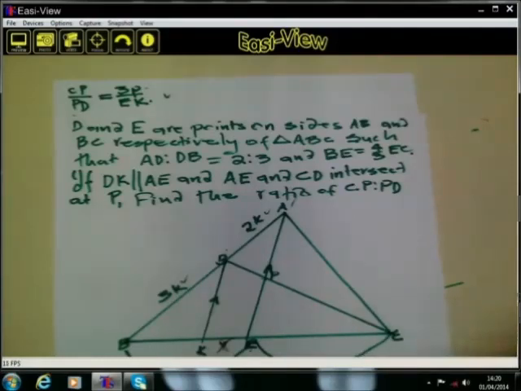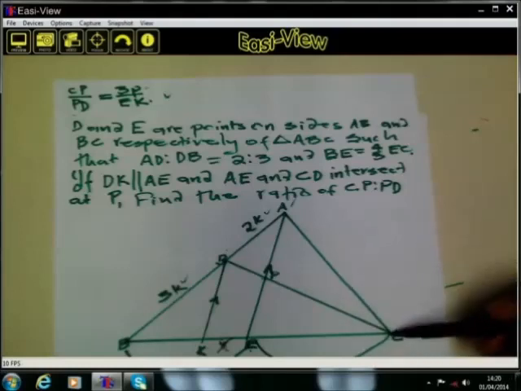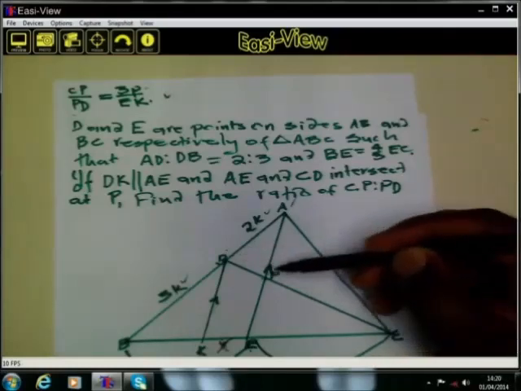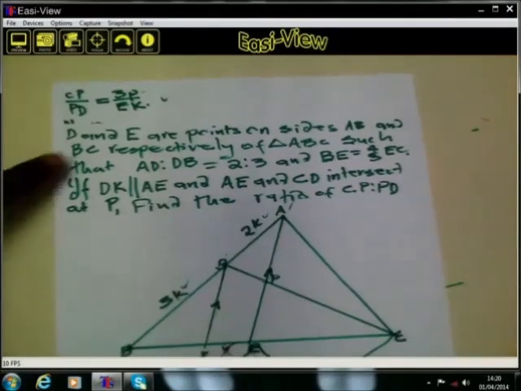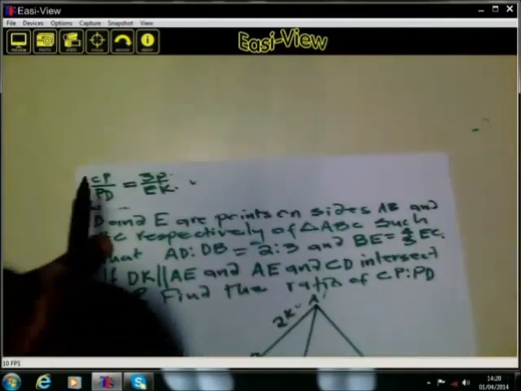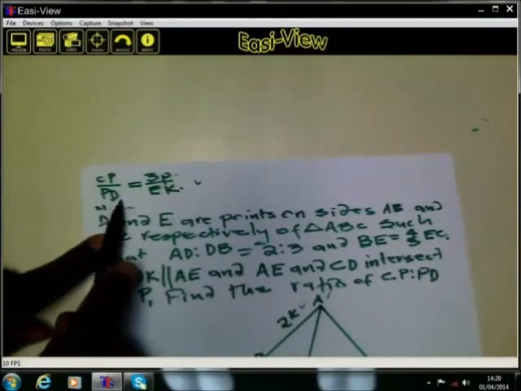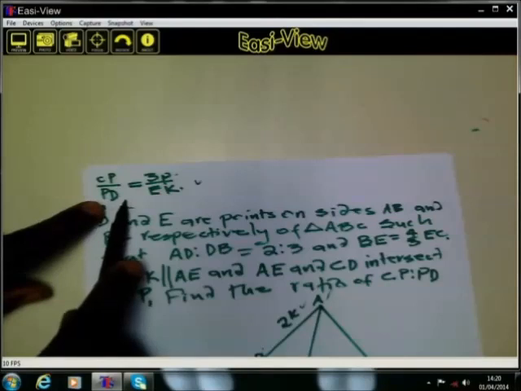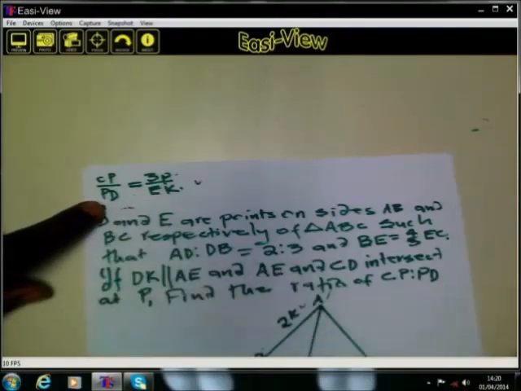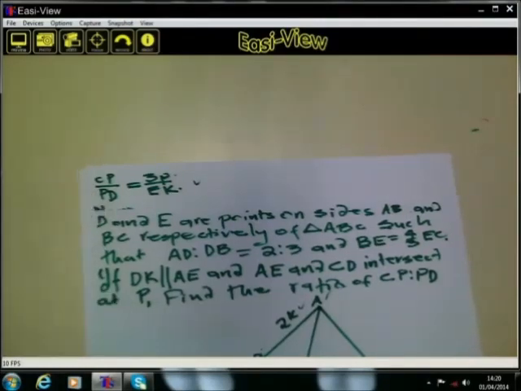So our unknowns would be the magnitude of this side, that side, and that side. This is how I've written it. I've said CP over PD will be in proportion to 3P. Why 3P? Because 3P represents side EC, which must be over EK, which we also don't know.